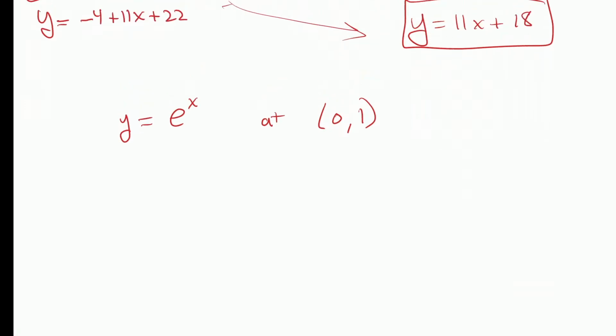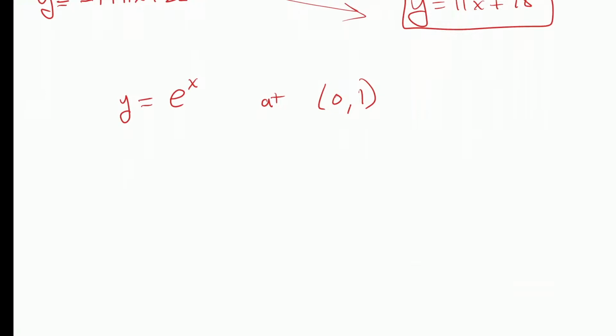For example, we could do y equals e to the x at the point (0, 1). Let's just do this really quick because this is kind of cool. Let's use the linearization formula. I'll just write it down. y is equal to f of c plus f prime of c times x minus c.